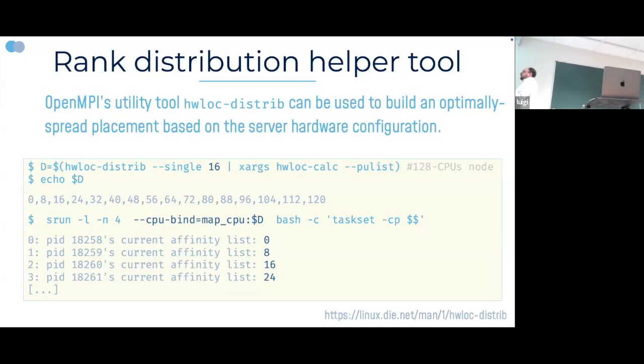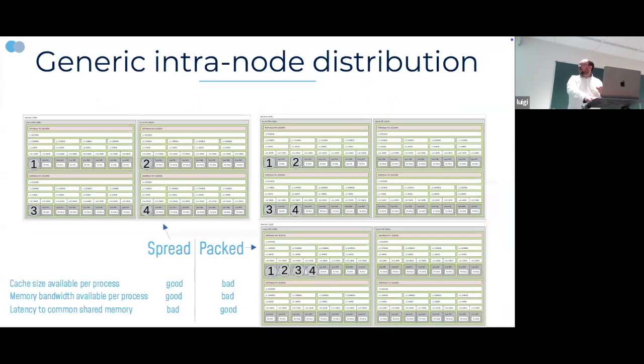But the nice thing is that the OpenMPI project has a tool called hwloc-distrib, which is able to look at the hardware configuration of the node and come up with the best situation to spread the CPUs, the processes, at best.